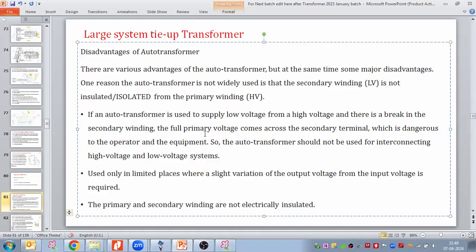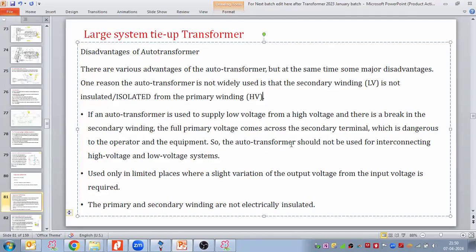If an auto transformer is used to supply low voltage from a high voltage, say 132 by 33 kV or 33 by 11 kV, and there is a break in the secondary or LV winding, the full primary voltage comes across the secondary winding, which is dangerous to the operator and the equipment.